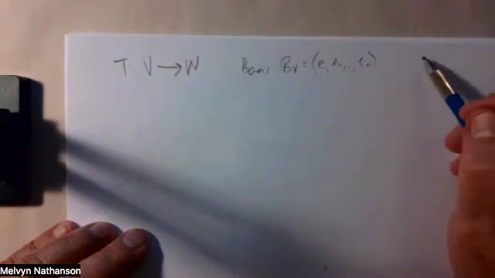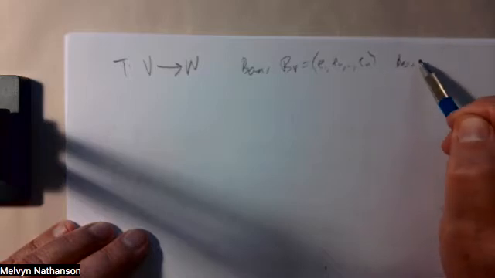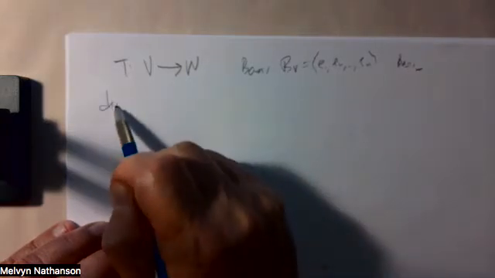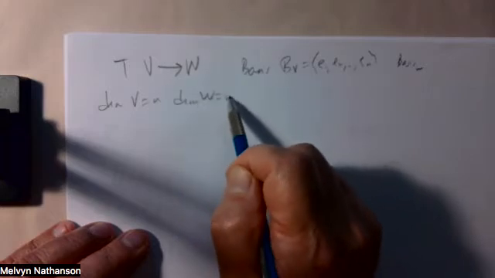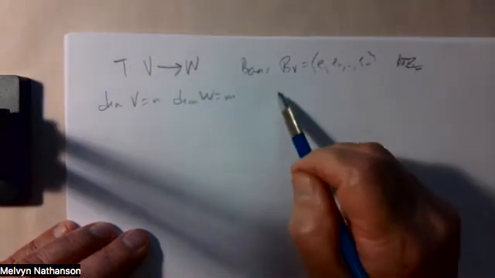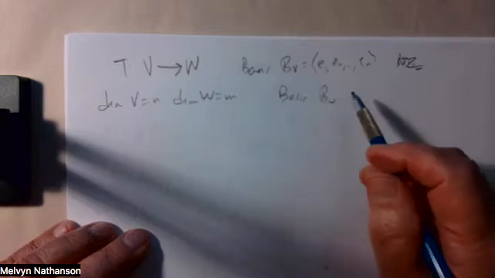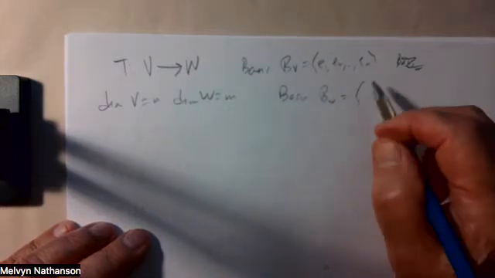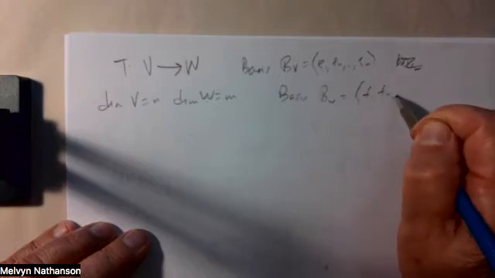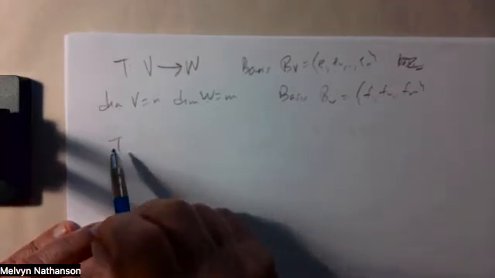And suppose W has a basis B sub W. Let's say the dimension of V is n, and the dimension of W is m. So we have a basis B sub W for this vector space W, which consists of, let's say, the vectors F1, F2, up to F sub m.